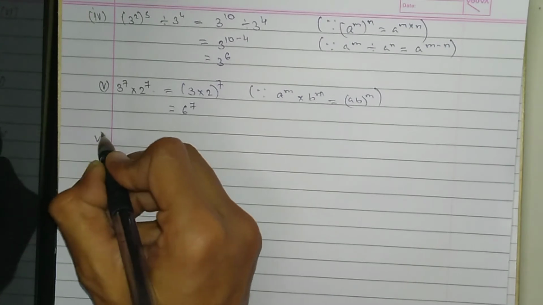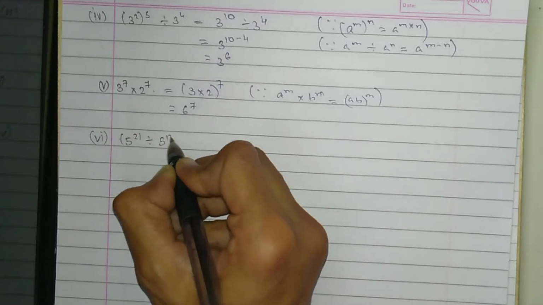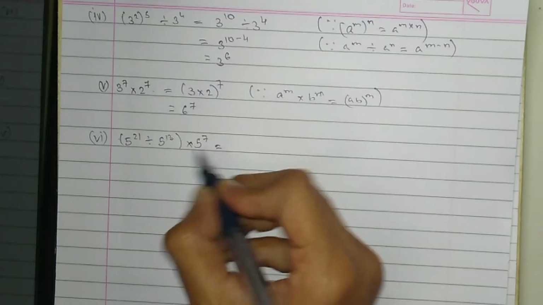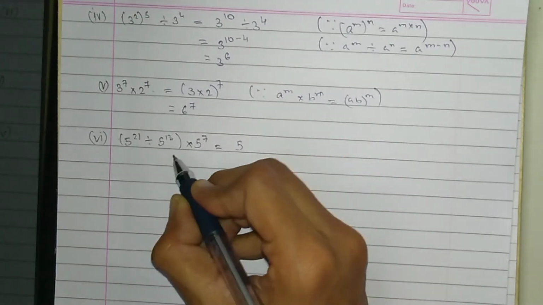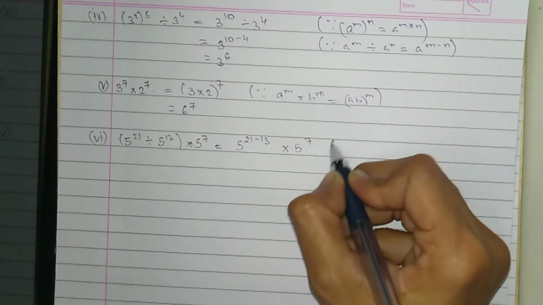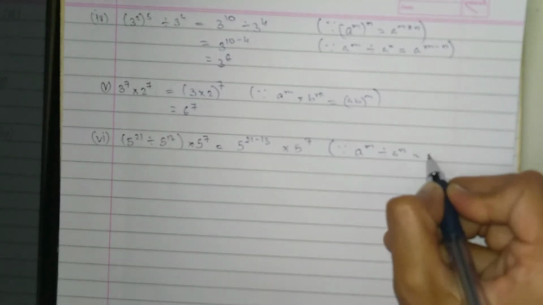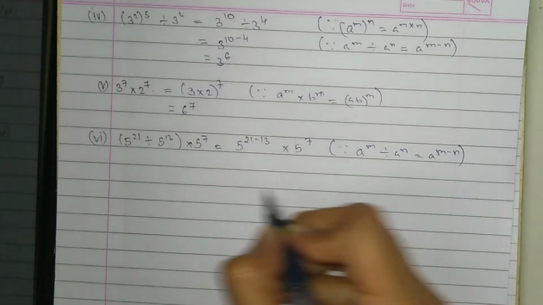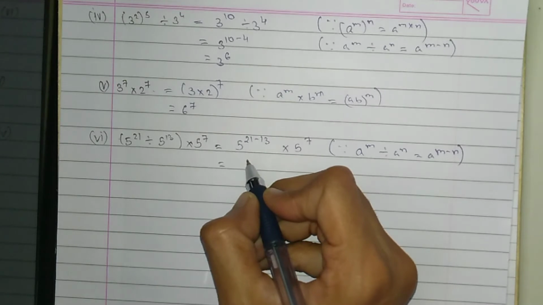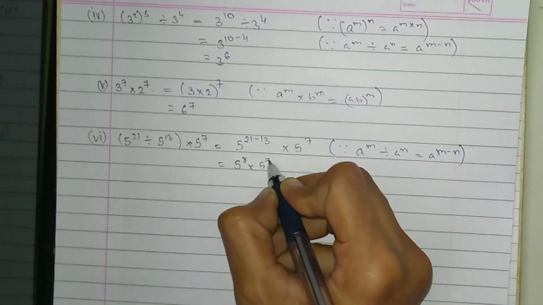Now the sixth one. The question is 5 raised to 21 divided by 5 raised to 13 multiplied by 5 raised to 7. Here also first we'll solve the bracket which is in division. So 21 minus 13 multiplied by 5 raised to 7. a raised to m divided by a raised to n equals a raised to m minus n, which is equal to 21 minus 13 is 8. 5 raised to 8 into 5 raised to 7.